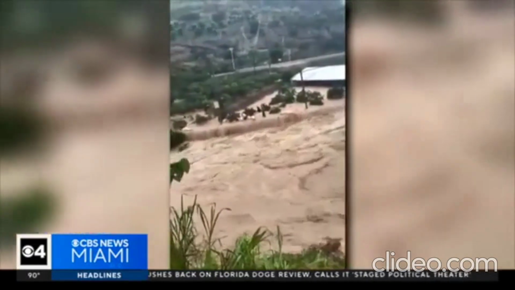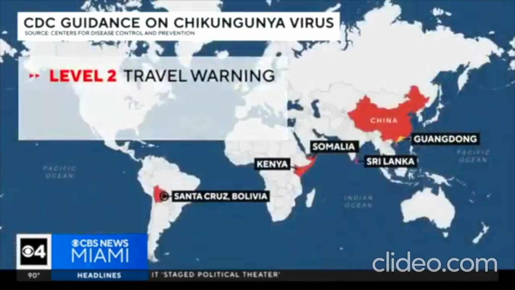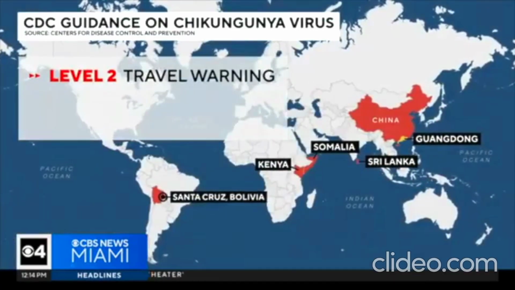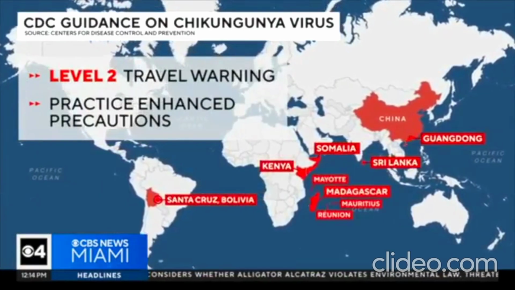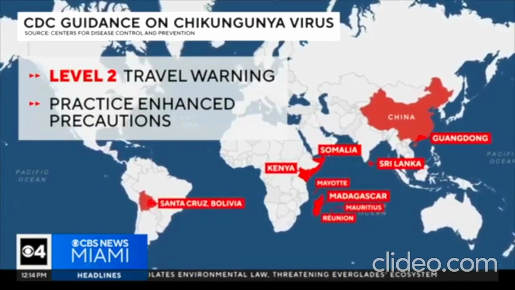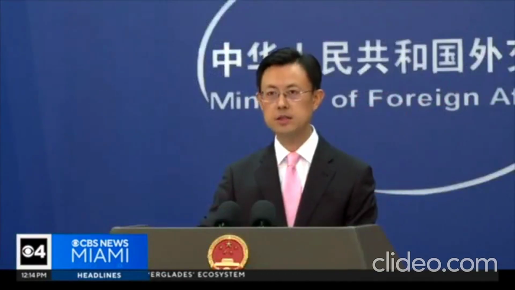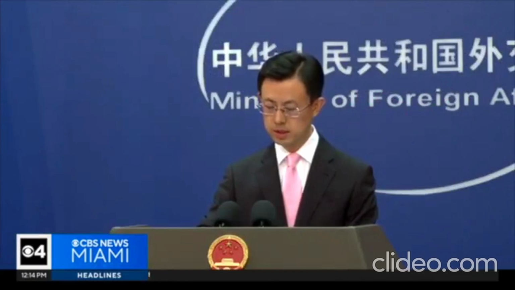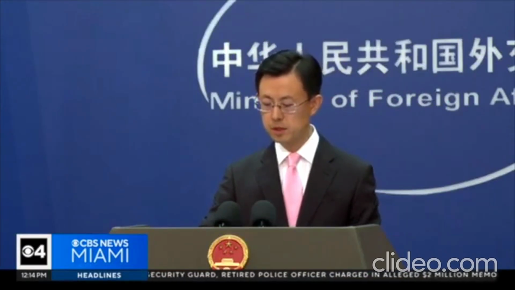After once-a-century rainfall in China, it is now flourishing, prompting the Centers for Disease Control to release a level 2 travel warning, urging Americans to, quote, practice enhanced precautions if traveling to parts of China, Bolivia, and much of the Indian Ocean region. In response, China's foreign ministry spokesman said the current situation is preventable, treatable, and controllable.